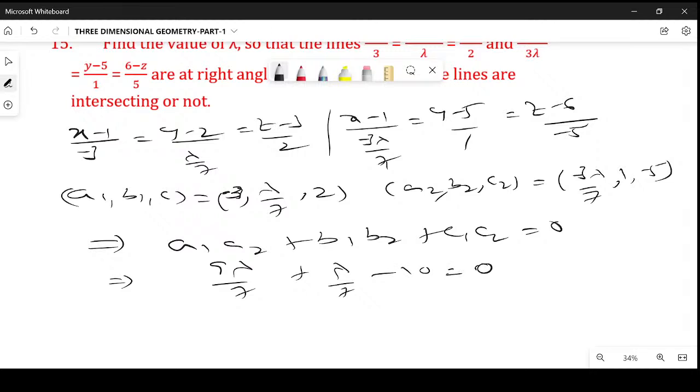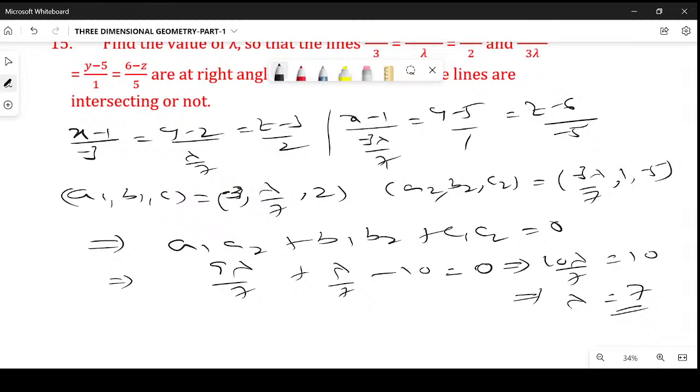Correct. You will get 10 lambda by 7. You can see here I can write, this implies 10 lambda by 7 is equal to 10. Then this implies lambda is equal to 7. You will get lambda is equal to 7.